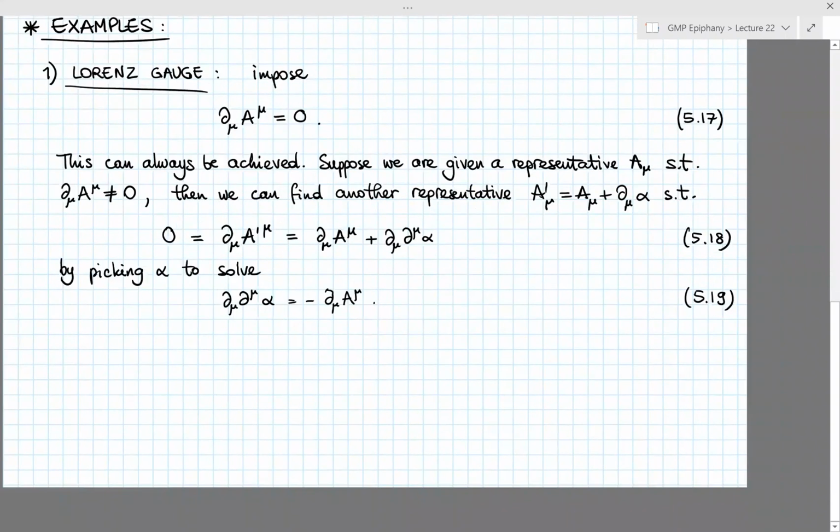This equation always has a solution, so we can arrange for a gauge field to be in the Lorentz gauge 5.17.